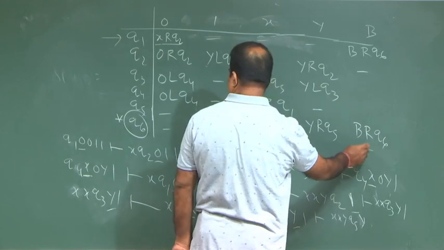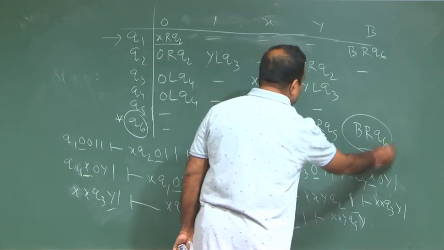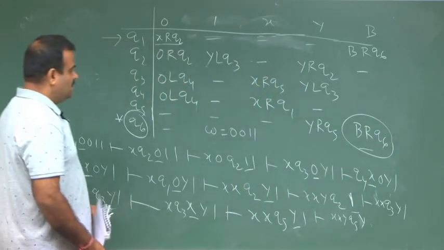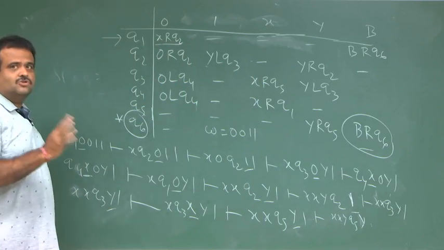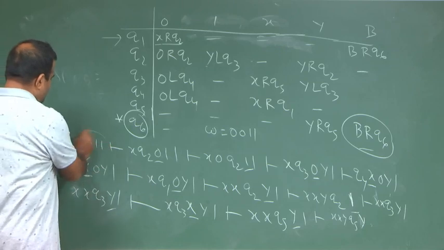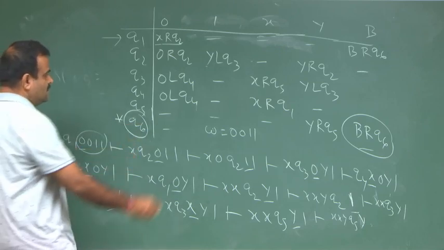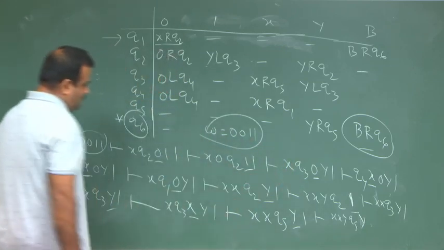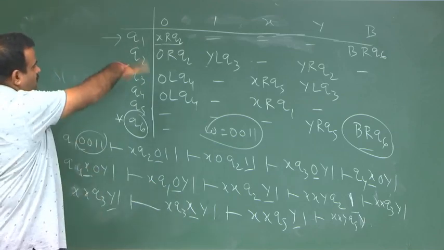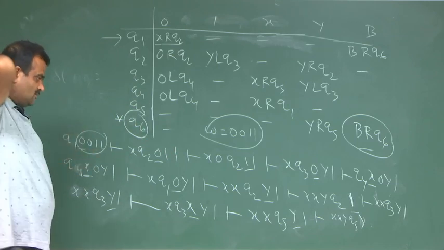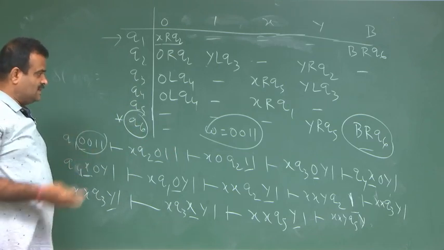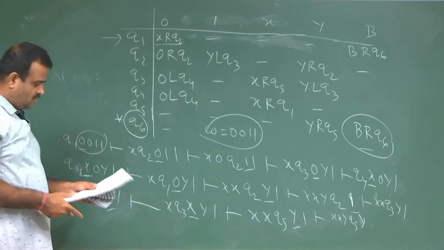Once we see a blank, with q5 we will go to q6, and that will be the acceptance state. Once we reach the acceptance state, we stop. So this string is accepted, you can check that. We might have made some mistake over here, so you can just follow these transitions and verify this, and it is going to the final state q6. So this string is accepted.